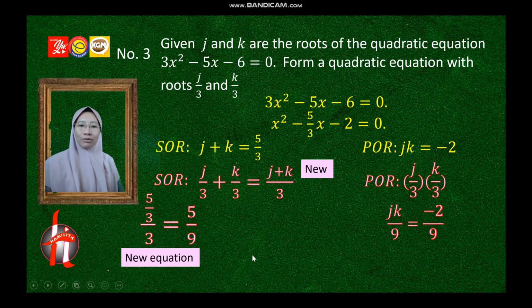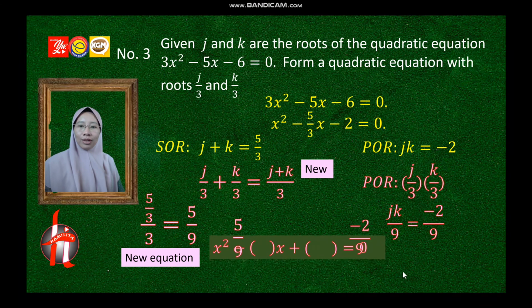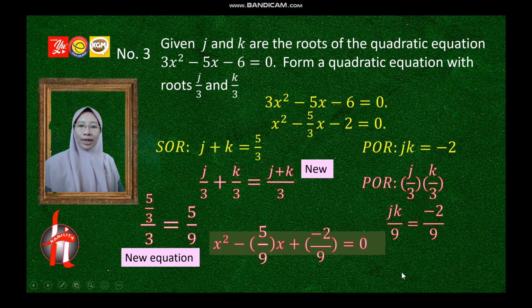So since we have all the information needed, we just substitute into the new equation the sum of roots here and the product of roots here. So we get x squared minus 5 over 9x plus -2 over 9. You have to simplify them, especially this part, plus negative.